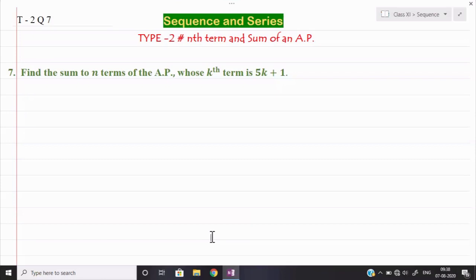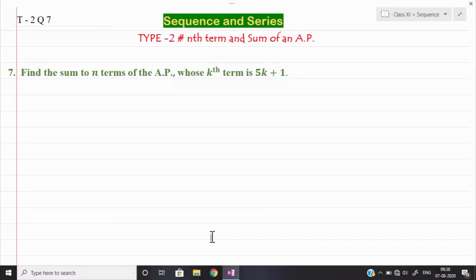Find the sum to n terms of the AP whose kth term is given as 5k plus 1. Here remember k is also one of the unknown terms. So we can say that k will lie between 1 to n. For example, if the total number of terms of the AP is 20, then the value of k will be any value between 1 to 20.